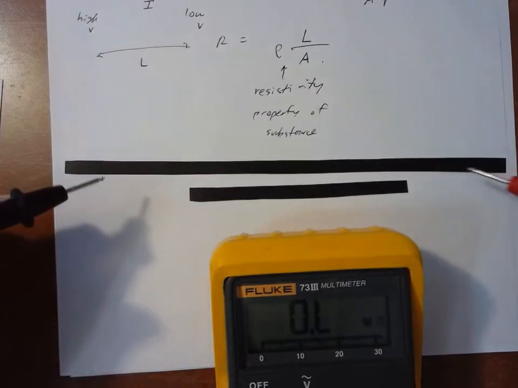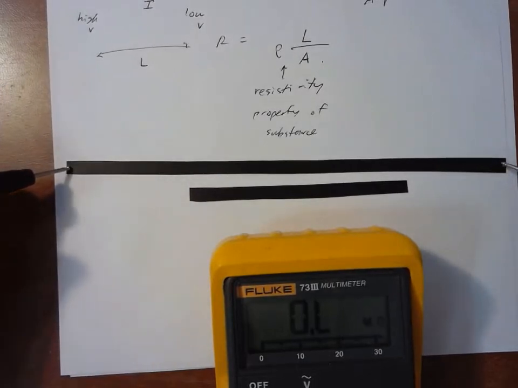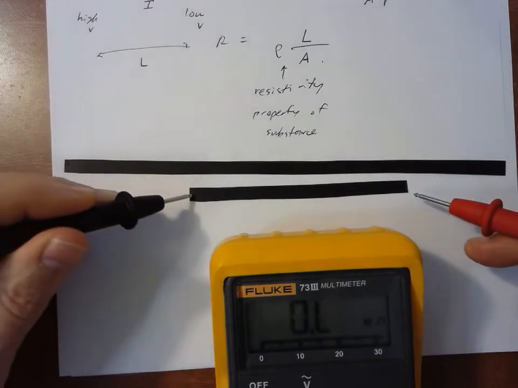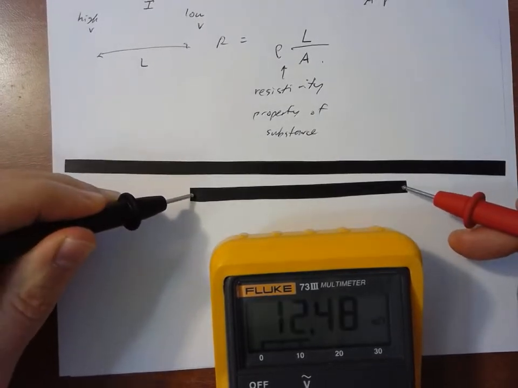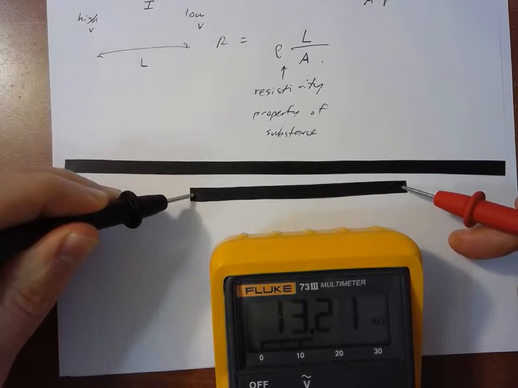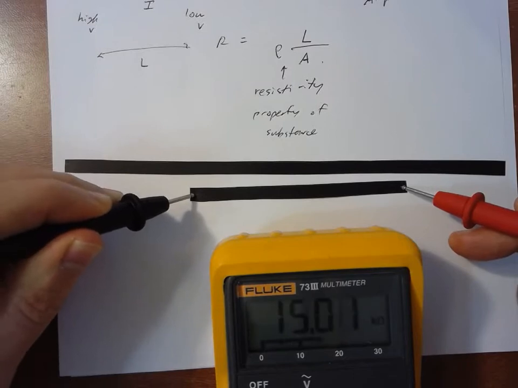And if I measure the resistance of the long one, I get about 23 to 24 kilo ohms. But if I measure the resistance of the short one, I get about half that. Not exactly. Maybe about 13 kilo ohms. Okay.